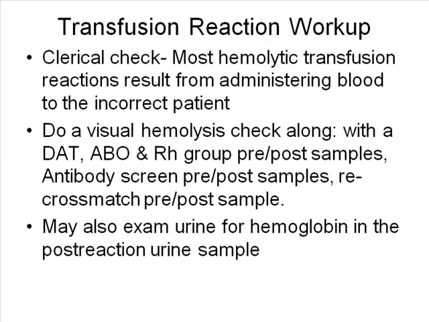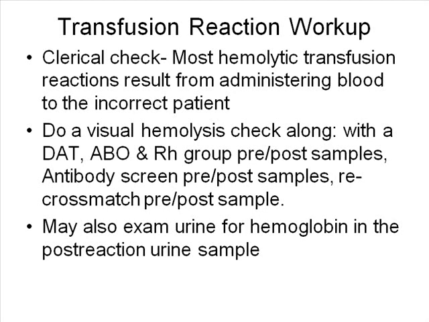Now, one of the first things when you do a transfusion reaction workup is clerical. Make sure the numbers are correct. Make sure the unit was given to the correct patient, that the patient has the right unit and the right armband, etc. Then you want to immediately redo your ABO and do a direct antiglobulin test to make sure that it is still negative.